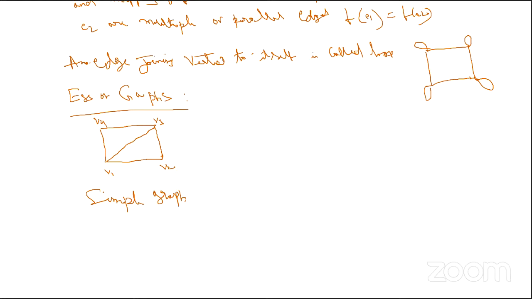Second, directed graph. So this is an undirected graph.